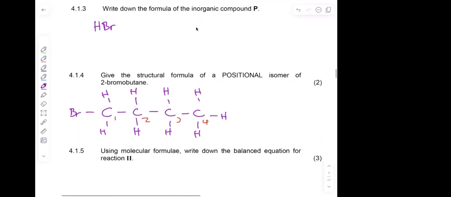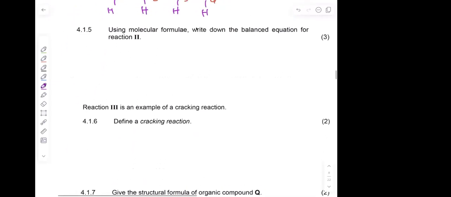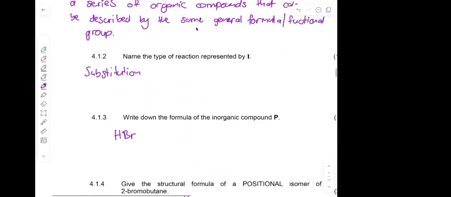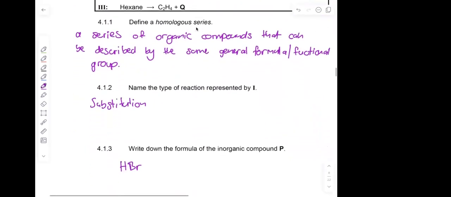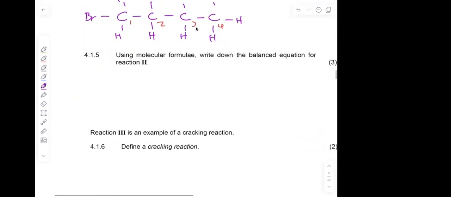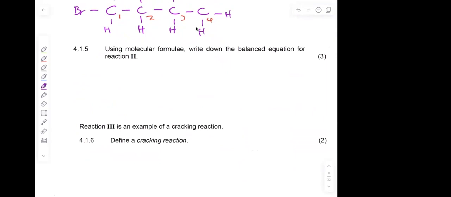Okay, let's quickly go back to 4.1.5. 4.1.5 says, using molecular formulae, write down the balanced equation for reaction 2. Reaction 2 is pentane plus excess oxygen, giving us something else, right? So molecular formula of that there, pentane is going to be a hydrocarbon with 5 carbons. So that's going to be C5H10 plus 2, which is 12, plus excess oxygen, which is going to be O2.